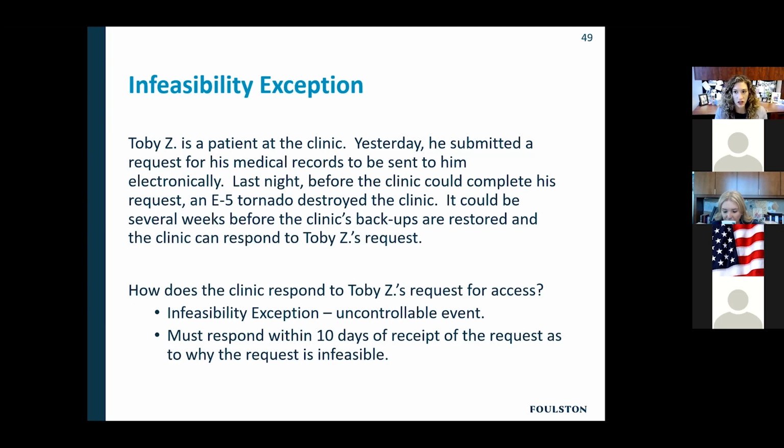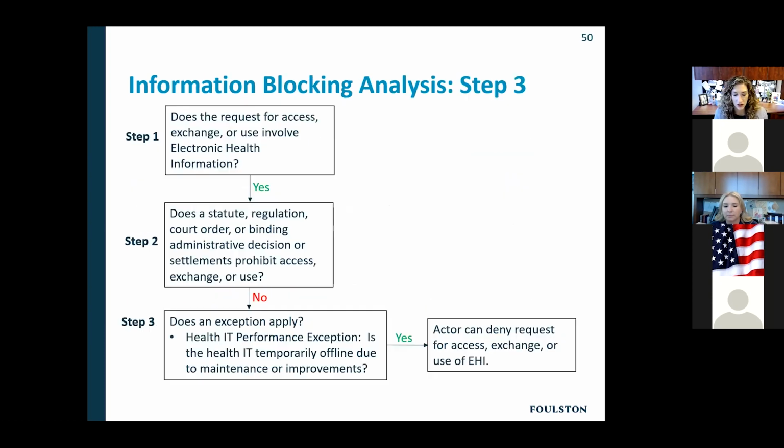We're working on getting our backups up and running, but it could be several weeks. We'll keep you posted as best as we can, but it's going to be a little while before we can get you an electronic copy of your medical records. So that's what that infeasibility exception and the uncontrollable event is looking to cover.